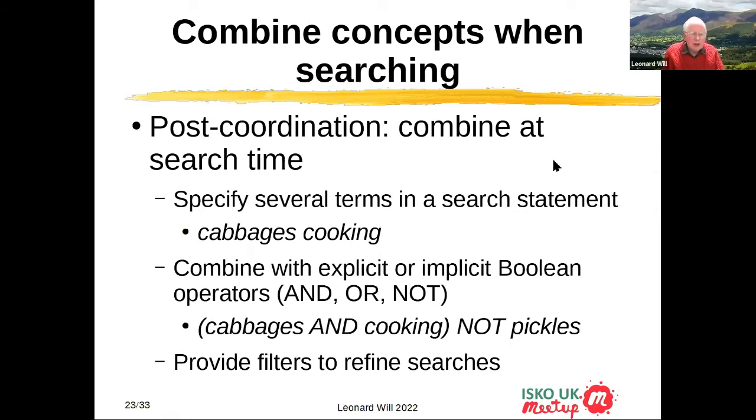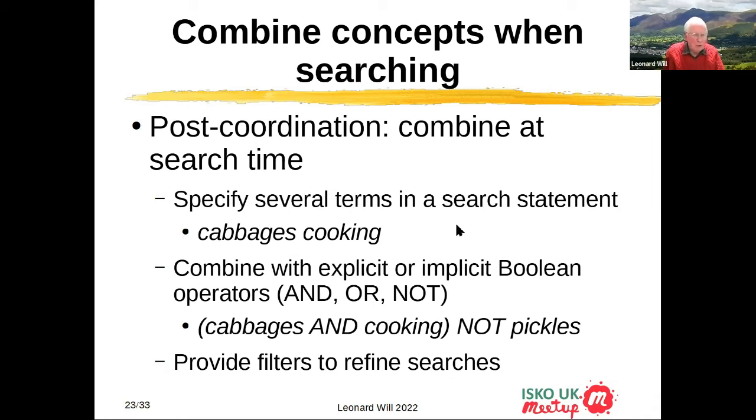People searching would generally want to combine more than one term, and this can be done in two ways. We have the post-coordinating searching, where post means after the database is created, after the indexing is done. And this can be done by allowing people to combine several terms in a search statement.